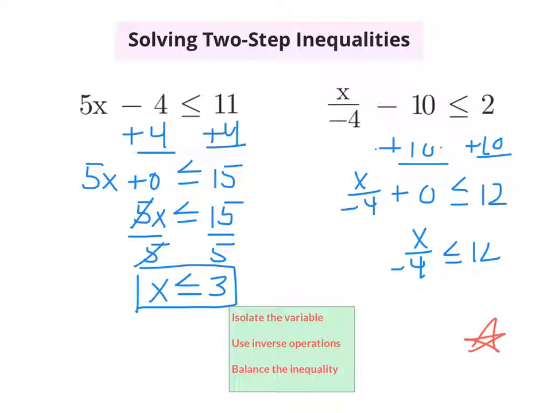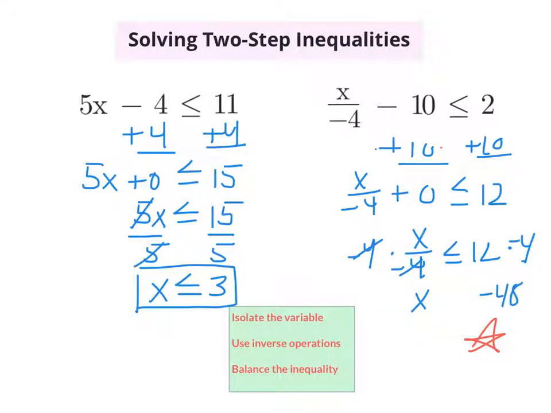Now I have division going on the side of the inequality with the variable. I undo division with multiplication, and I'm going to multiply both of my sides by a negative 4. My negative 4's are going to cancel out and leave me with an x, and 12 times negative 4 is going to be negative 48.